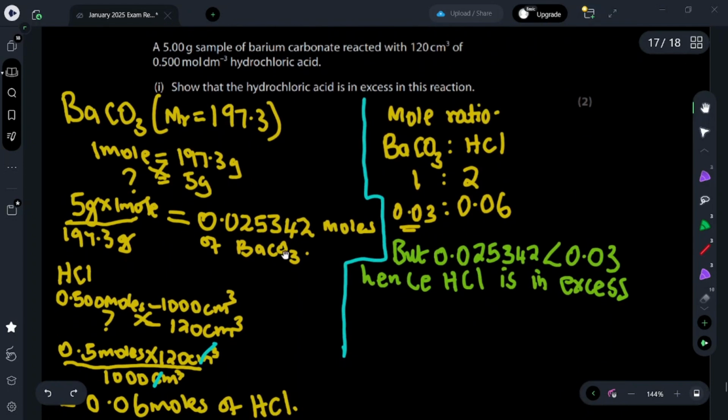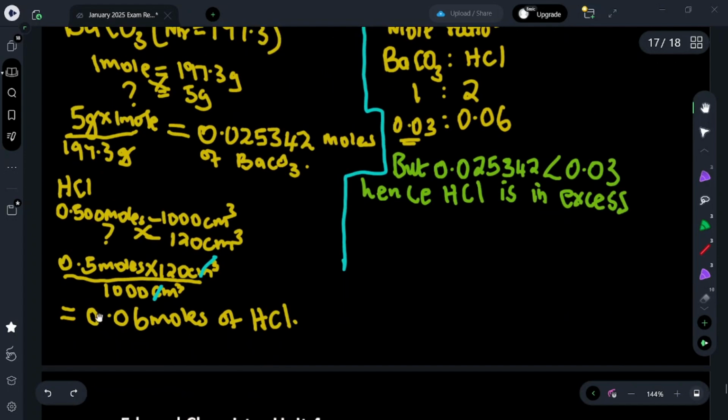So, if I have calculated the moles of the acid at 0.06 moles, how many moles of barium carbonate do I need to react with the 0.06 moles? I need 0.03 moles. But look at what I used: 0.02534, which is less than what I need.